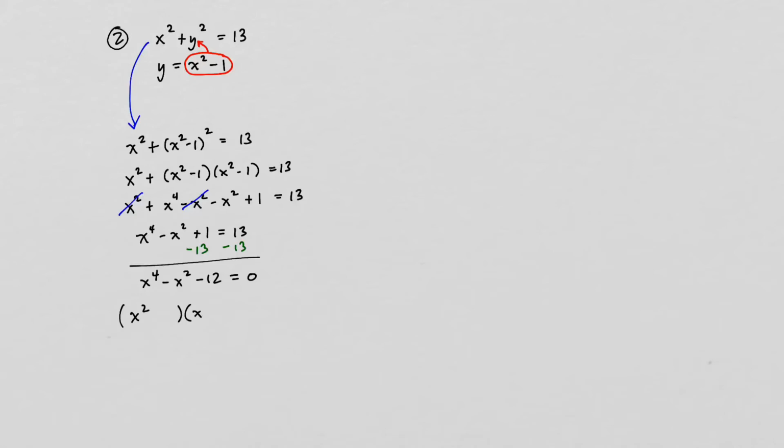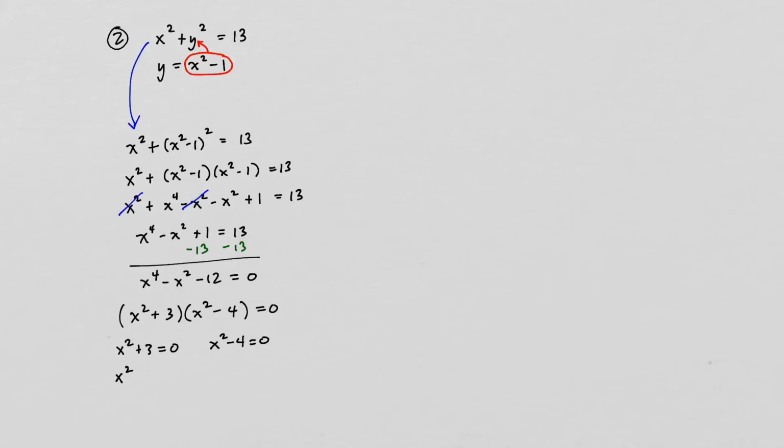So when we factor, we'll have x squared and x squared. 12 will be 3 times 4. And we'll have a negative 4 and a positive 3. And then from there, you can set each factor equal to 0. So we can set x squared plus 3 equal to 0, x squared minus 4 equal to 0.